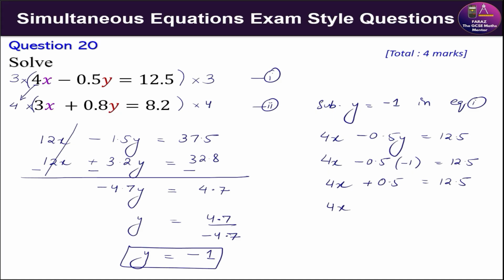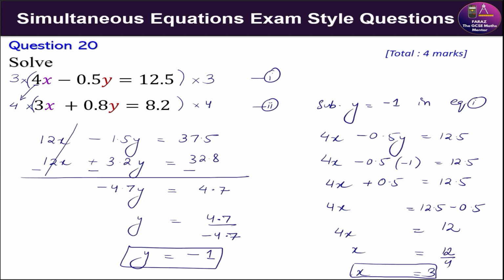And then 4x equals 12.5 minus 0.5. So what we did here, we subtracted 0.5 on both sides. It will give 12.5 minus 0.5, that is 12 there. And now you have to divide by 4 on both sides. It will give you 12 over 4, which means x equals 3. So the value of x is 3 and the value of y is negative 1.